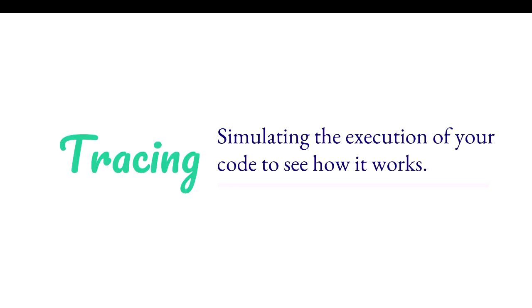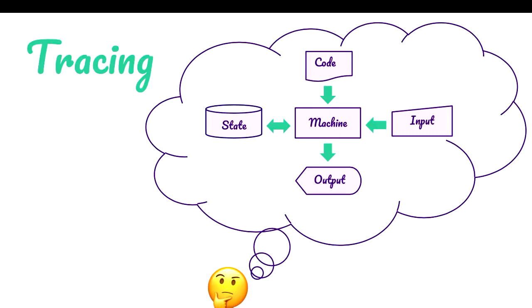So let's review what I've talked about so far. Tracing is simulating the execution of your code to see how it works. When we're tracing, students will have a model of computation in their head. Ideally, we want them to have something like this, but it's okay to scaffold it and build it up over time so that they start off with, say, just steps that happen in order, then they add state, and then they start to add more and more parts to this model.